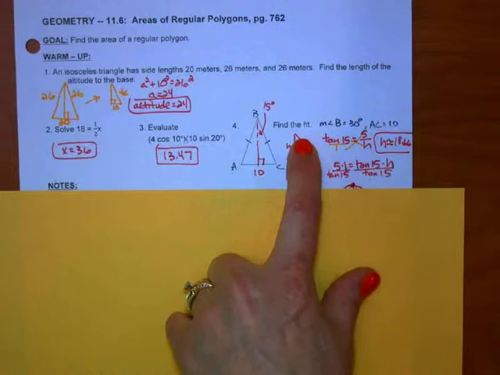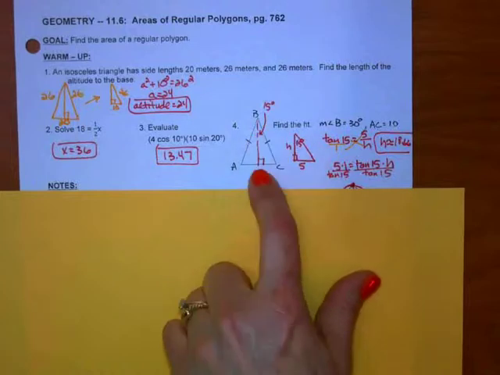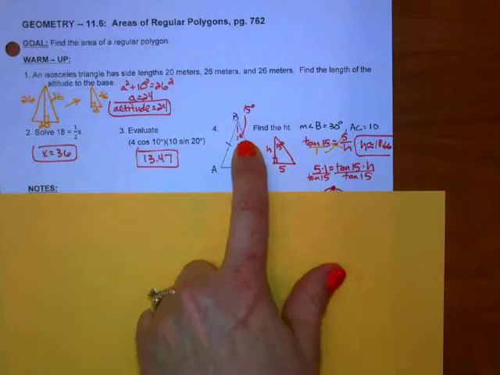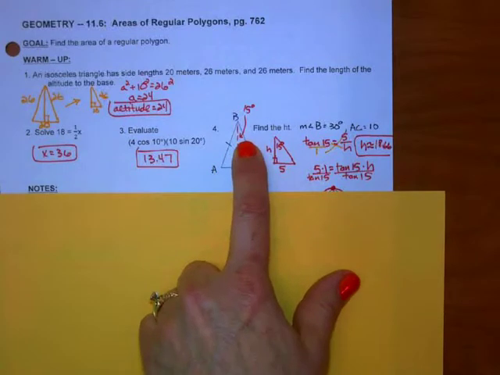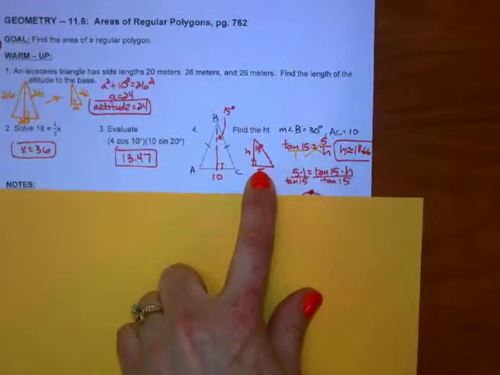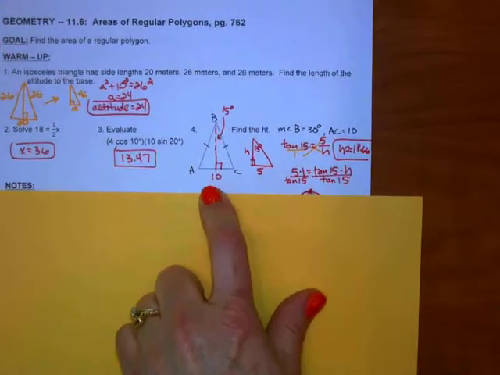Then here, you had to make the height there, and that splits it into 2 equal right triangles. But that makes that angle 15 degrees, and the base 5. And then, SOHCAHTOA.